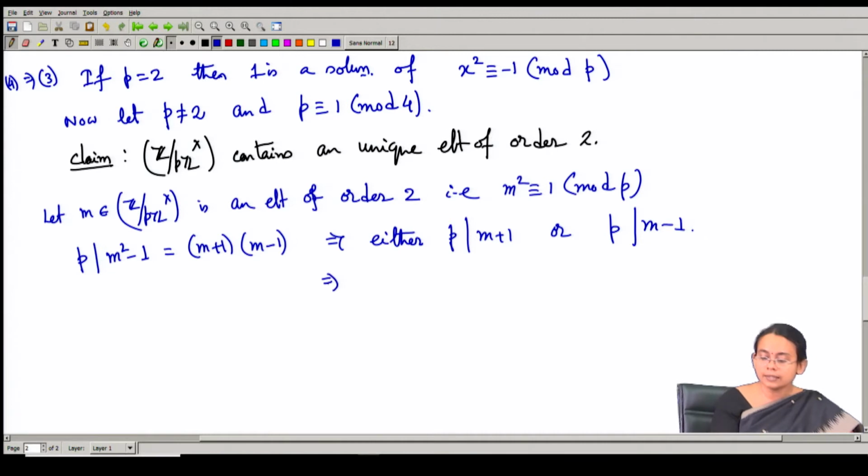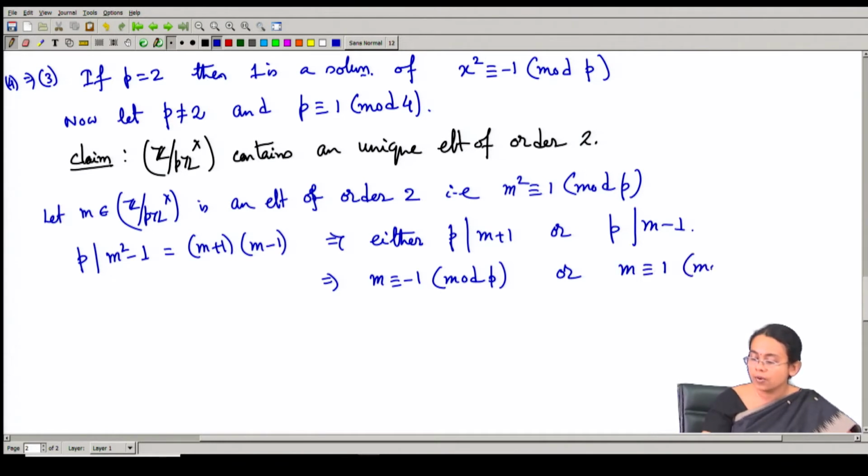If P divides M plus 1, then M is congruent to minus 1 mod P, and if P divides M minus 1, that will imply that M is congruent to 1 mod P. So if M square is the identity, then M has two choices: either M is equal to the identity element, whose order is 1 of course, or M has to be equal to minus 1.